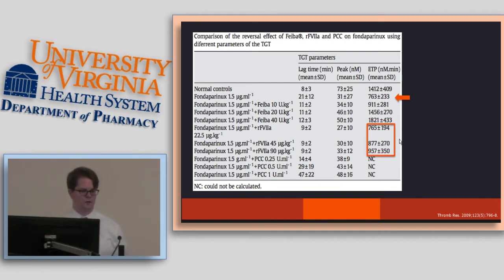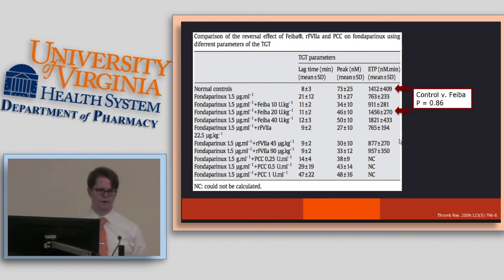The first strategy that was evaluated, the recombinant factor 7, while it did show improvements in lag time, failed to demonstrate any benefit with regards to ETP or peak thrombin generation. So even at the 90 micrograms per kilogram dose that we saw studied earlier, there ultimately wasn't significant restoration.